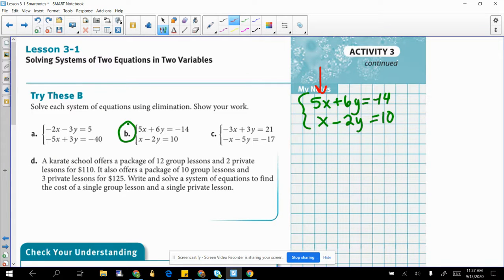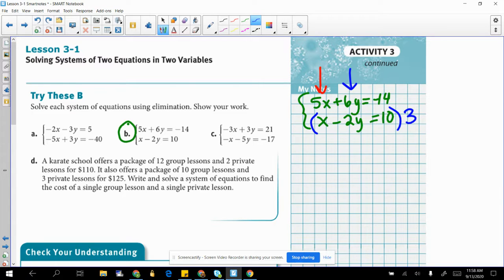If we wanted to, let's say instead, get rid of the y values, we already have a positive 6y and a negative 2y. So in order to get rid of the y's, I could multiply the whole second equation by 3. And I'm actually going to choose to do that. So I'm multiplying this whole equation by 3.